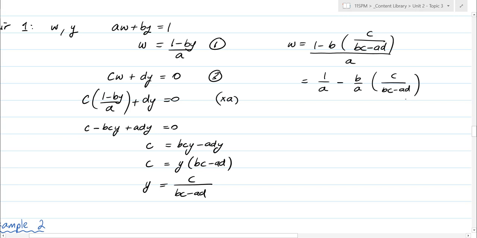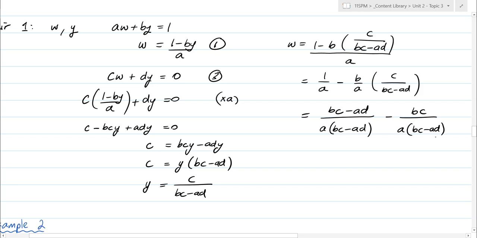How's this going to work out? I have faith it's going to work out. Just keep an eye on me and make sure I don't make any mistakes. I get BC minus AD over A times BC minus AD minus BC over A times BC minus AD.